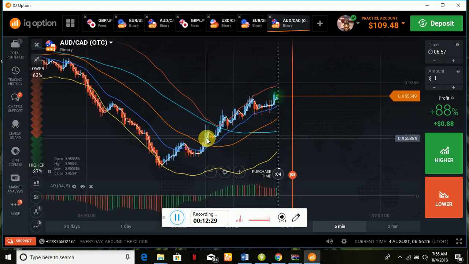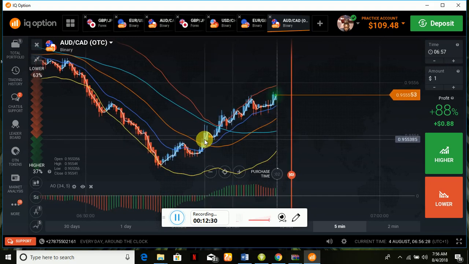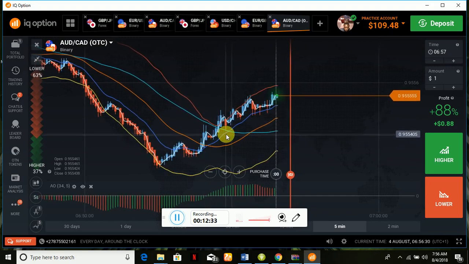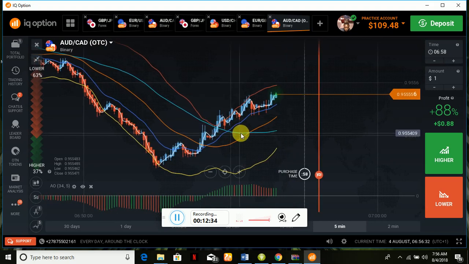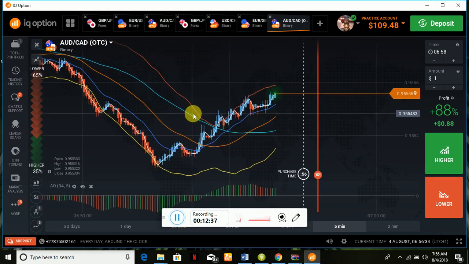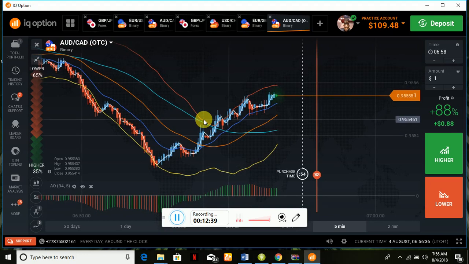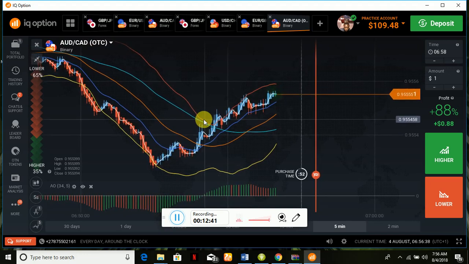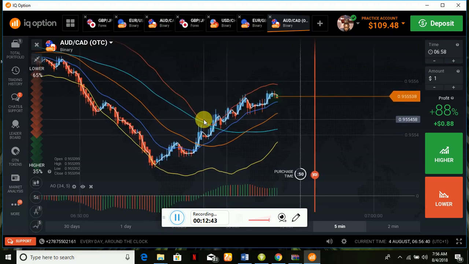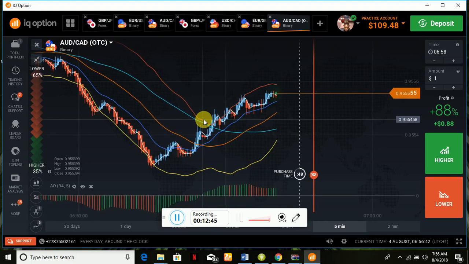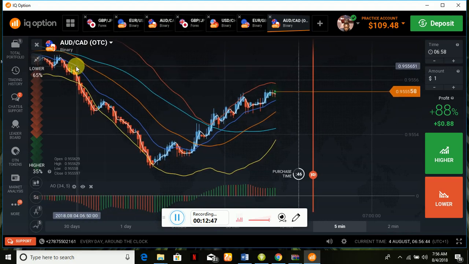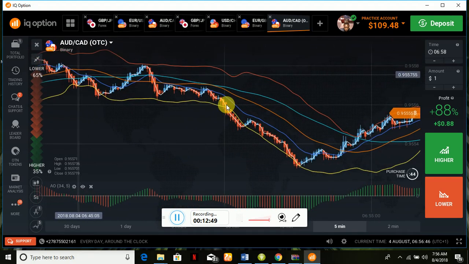Every time this white and blue line intersect, provided that it's above this line or below this line here, you're going to look for an opportunity to buy. If it's below, you're going to look for, let's scroll back here.